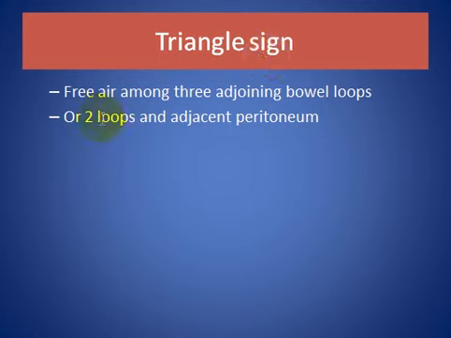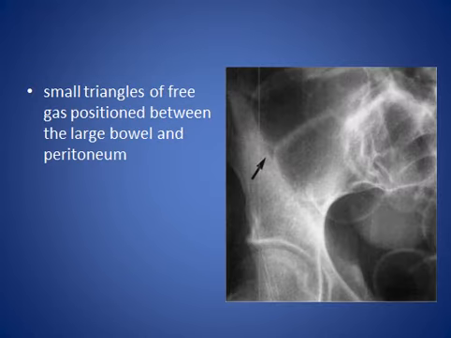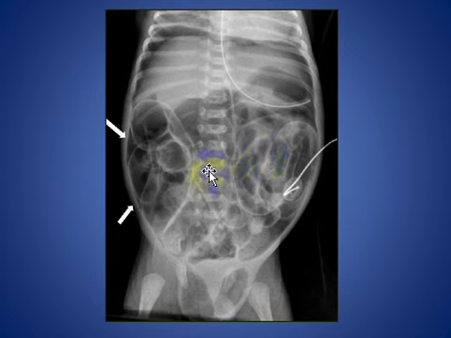Triangular sign is free air among three adjoining bowel loops, or two bowel loops adjacent to the peritoneum. Here we see the triangular sign, the free air noted around the bowel loops and the peritoneum on this side. Here, another patient, we have a triangular sign around the bowel loops and the adjacent peritoneum.